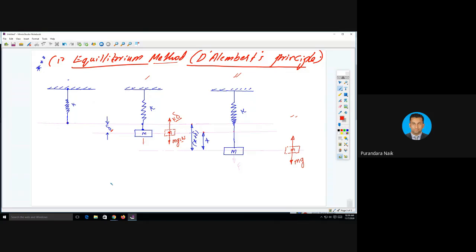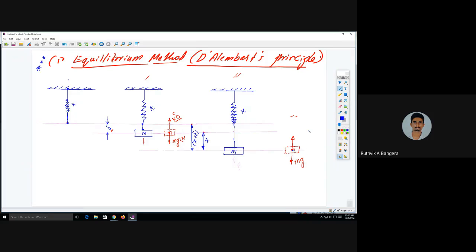Now, what is the distance traveled for the third position? Total distance traveled. Can anyone please open your mouth? Otherwise, it will be difficult for me to proceed. Can anyone answer?